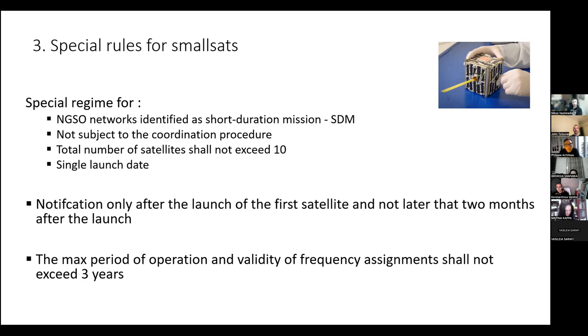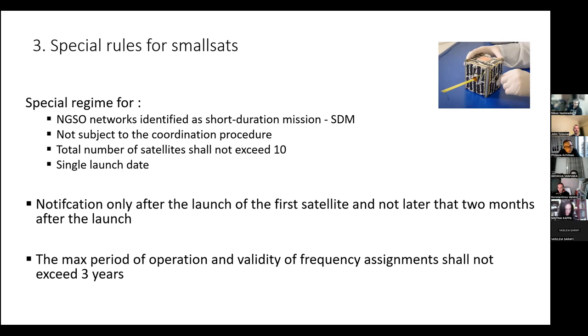If the small sat is operated for a period not exceeding 3 years, and if the total number of small sats in the constellation, if any, does not exceed 10, then we consider that it is possible to launch the small sats and notify the ITU after the launch.